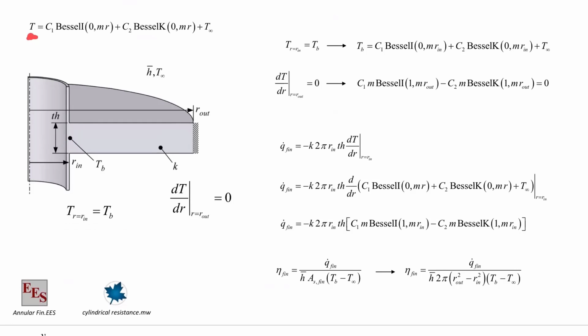So we plug in T_B here, r equals R_in here and here, as we've done right over here, and that helps us solve one equation. And then we have dT/dr here. So we would do the derivative of this equation using that table above, and we get this expression here. And so now we have two equations, two unknowns. We can solve for our constants.